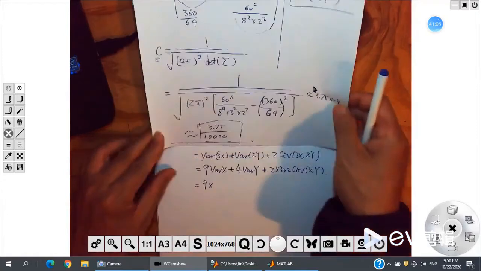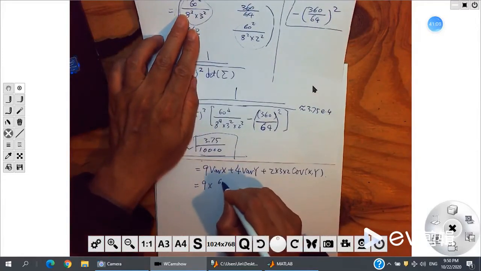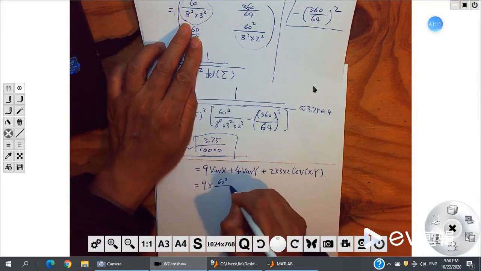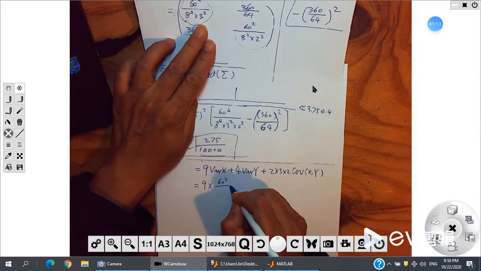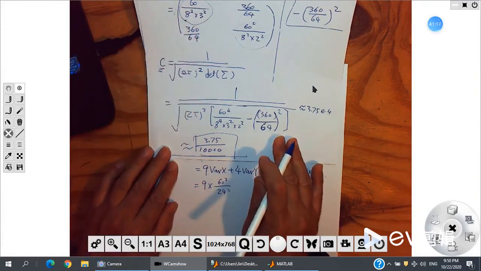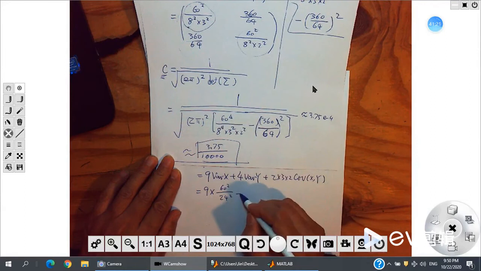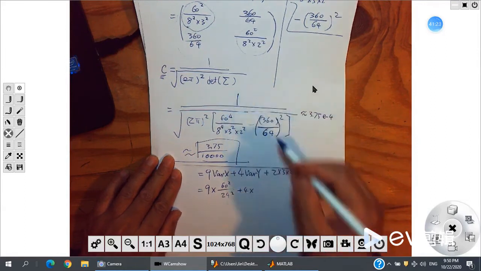So the variance of x is 60 square over 8 and 3 both square, so I have 24 square. And then 4 times variance of y will be this one.